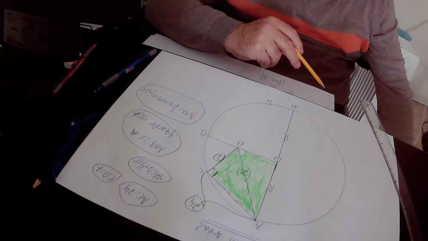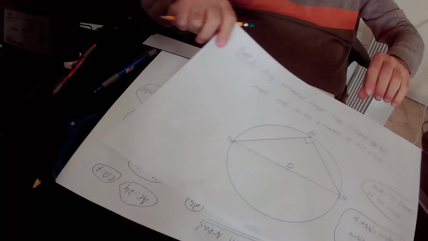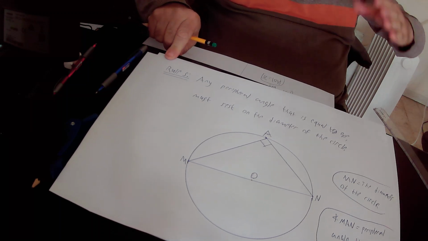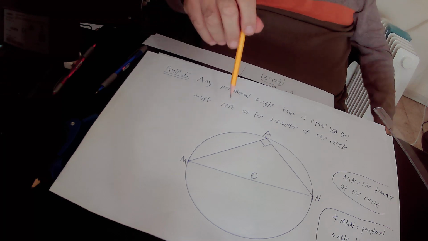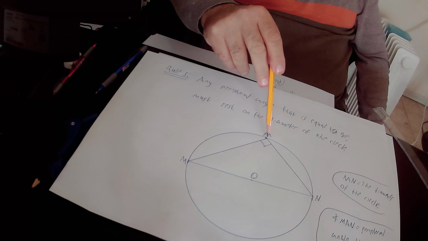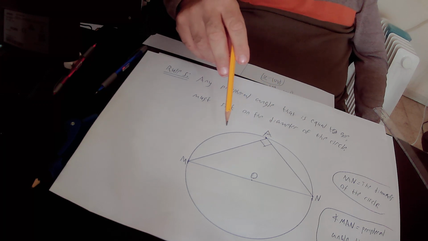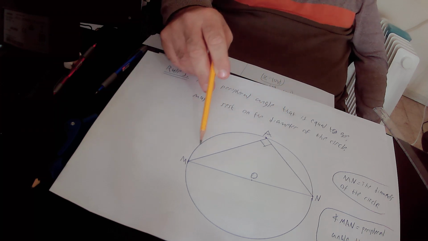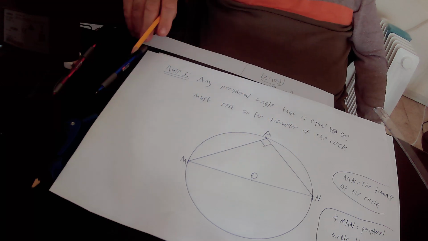Why? Because according to rule number 5, any peripheral angle that is equal to 90 degrees must rest on the diameter of the circle. Here, peripheral angle MAN equals 90 degrees, and it rests on MN, that is the diameter of the circle.